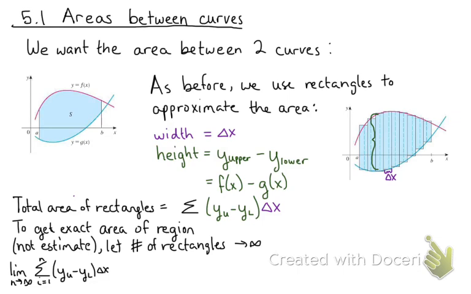Well, anytime you have a limit of a sum like this, where everything's multiplied times delta x, that's an integral. Right? It's an approximation where the number of approximating slices goes to infinity. So that's equal to a definite integral of the upper minus lower y's dx, and then from x equals a to b, because that's the region we're interested in this picture.